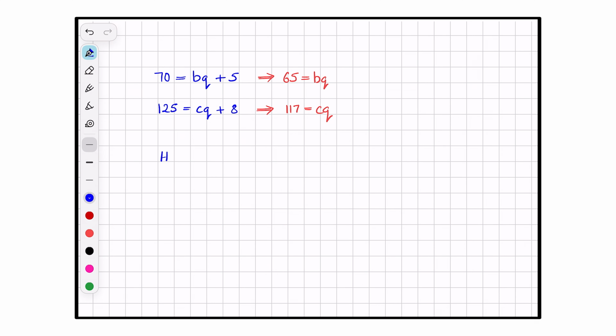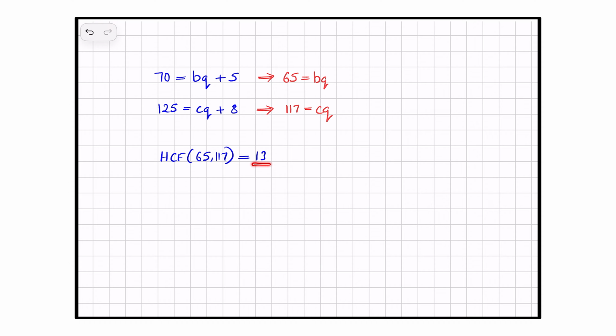Thus, the HCF of 65 and 117 is 13. We have just calculated the HCF for the same numbers in the previous problem, so I am not rewriting it. Thus 13 is the answer for the given question also.